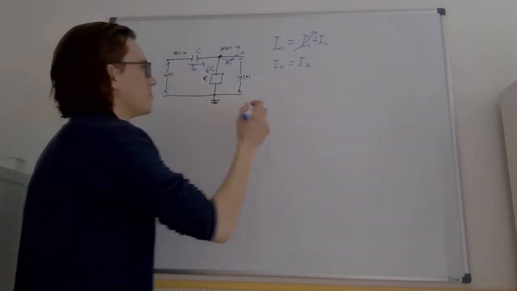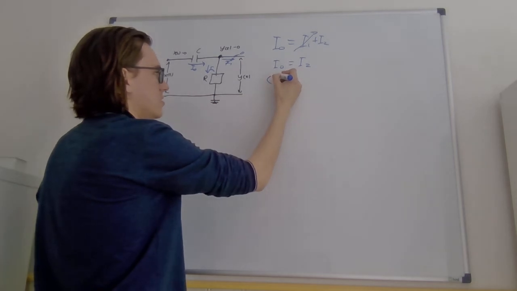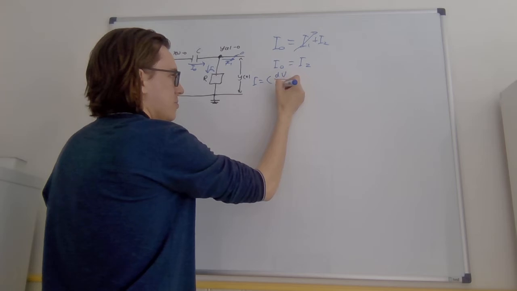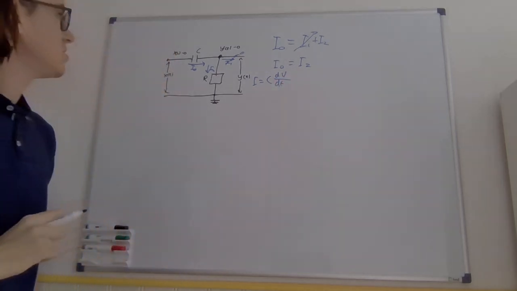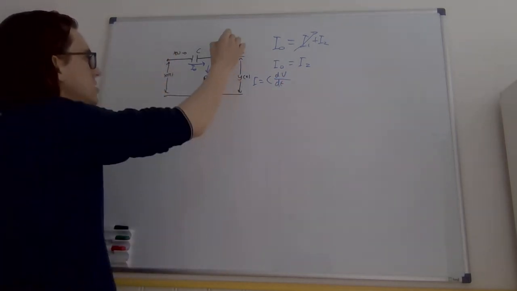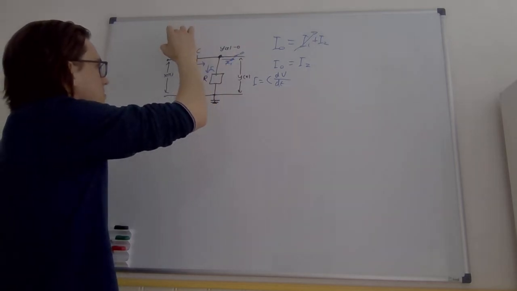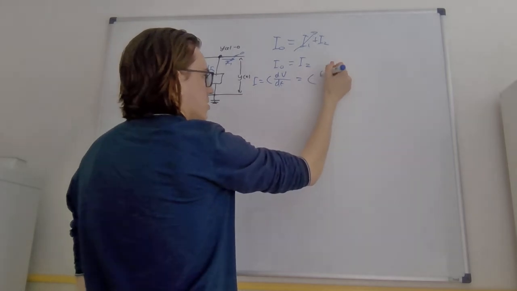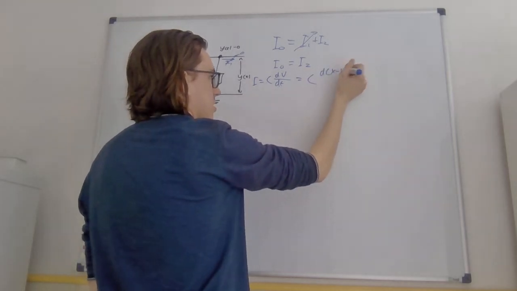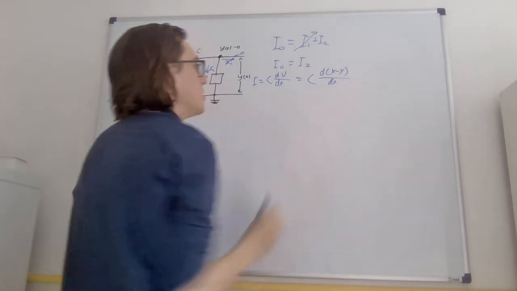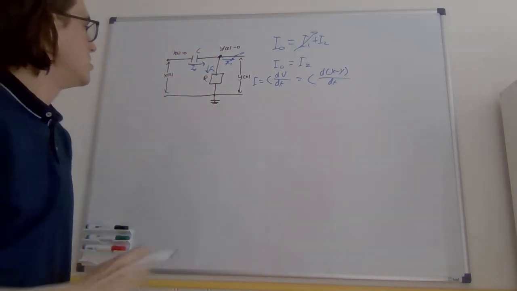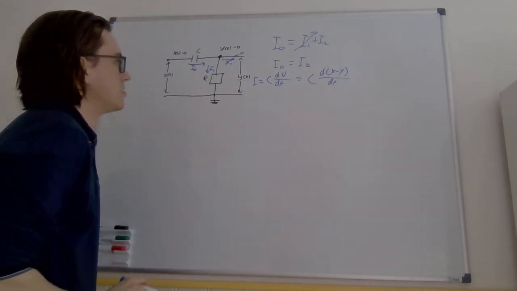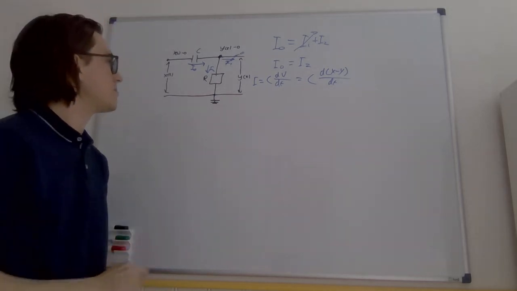I0, that's the current through the capacitor, and that's given by this formula, which is capacitance times the time derivative of the voltage across the capacitor, which in this case is this voltage minus this voltage, which gives us C times d(x minus y)/dt. I2 is the current through the resistor, which can be found by Ohm's law.